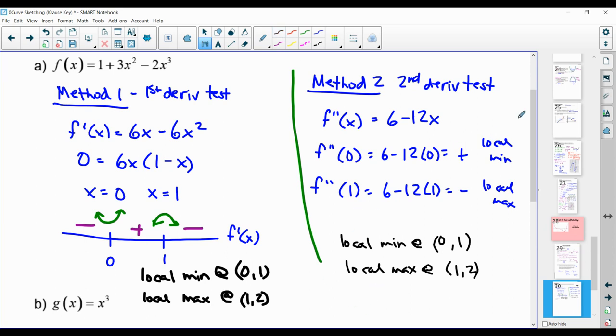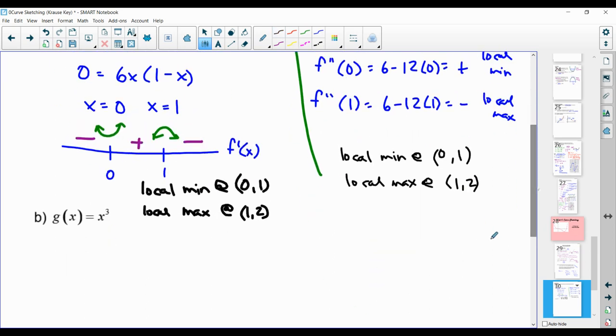Now, if we wanted a visual of what that graph might look like, we can sketch a quick Cartesian plane here. We know that we have a critical value at 0, so we have a local minimum happening at (0, 1). That's right here. We know we have a local maximum happening at (1, 2).